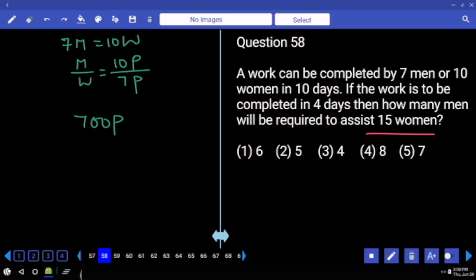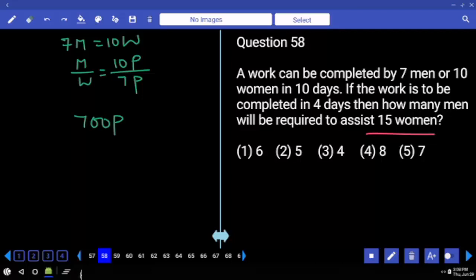Let us assume X men. One man will do 10 parts, so X men will do X into 10 parts. So it is 105 parts plus X into 10 parts.